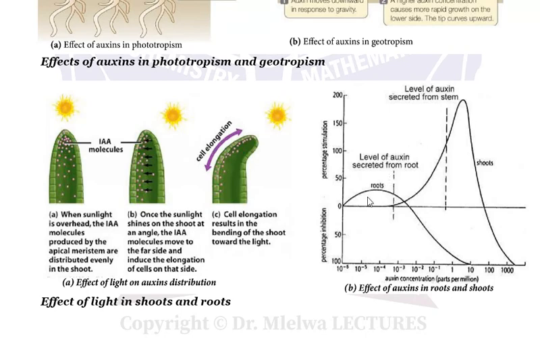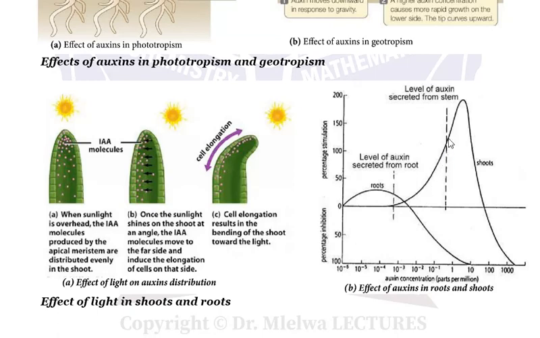But as you can see also that the level of auxin which starts to stimulate the shoot development starts to inhibit the root, because this graph of root development starts to fall and the graph of shoot development rises.